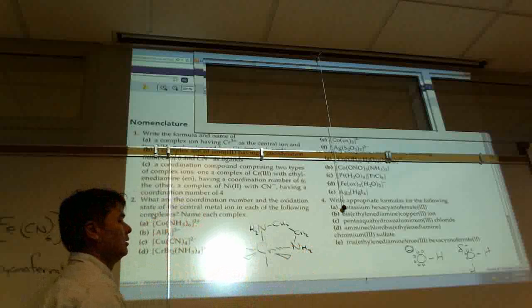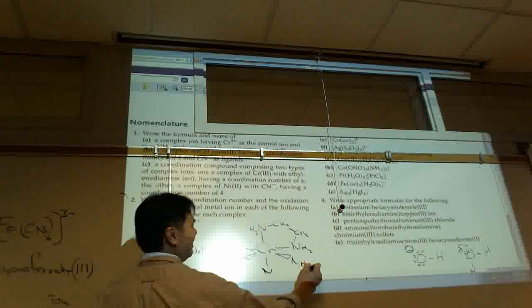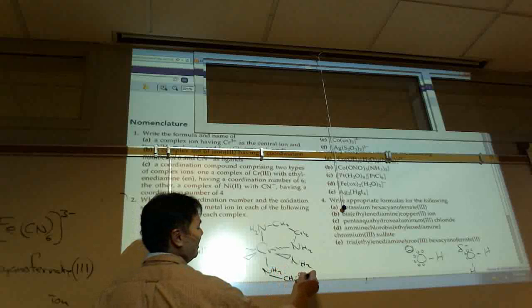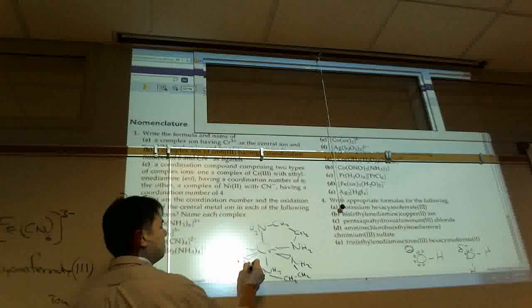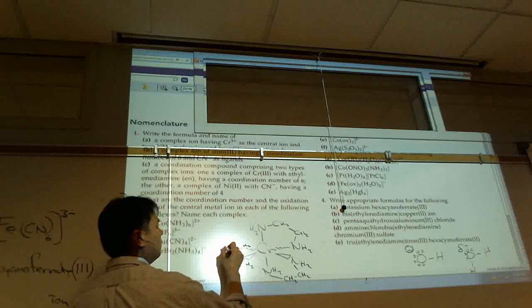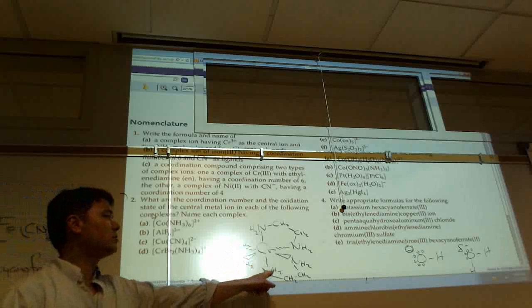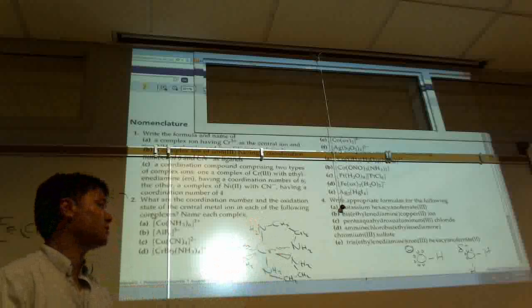1, 2, 3. Right, like that. This would be an octahedral structure. This has a coordination number of 6, but it's only coordinated to how many? 3 ligands it's coordinated to.